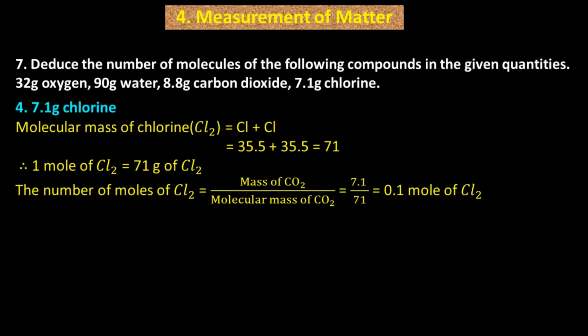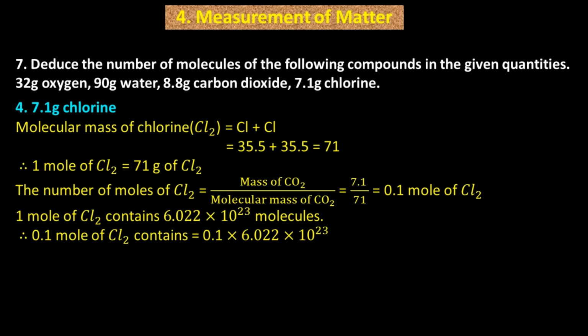The number of moles of Cl2 is equal to mass of Cl2 upon molecular mass of Cl2, is equal to 7.1 upon 71, is equal to 0.1 mole of Cl2. 1 mole of Cl2 contains 6.022 multiplied by 10 raised to 23 molecules.